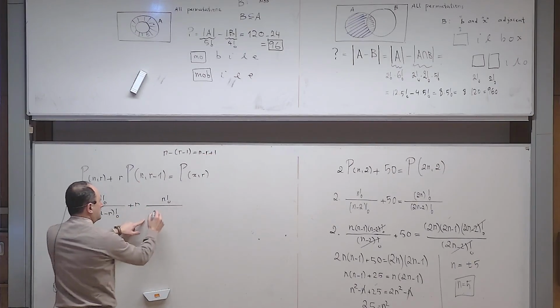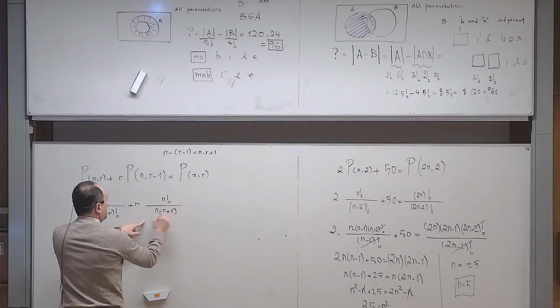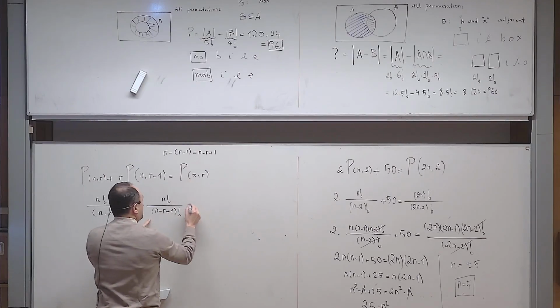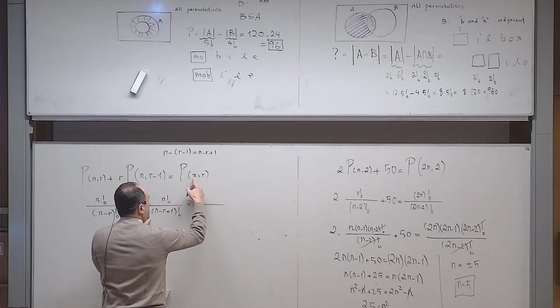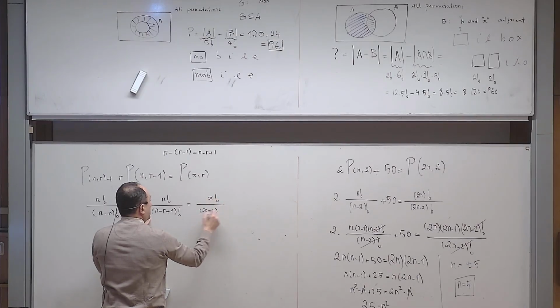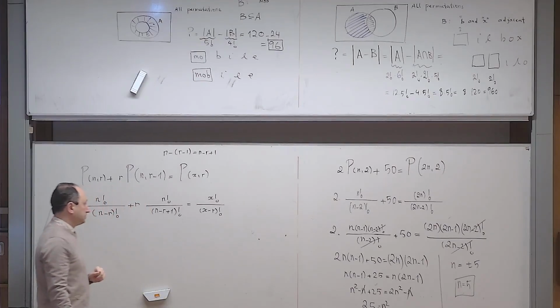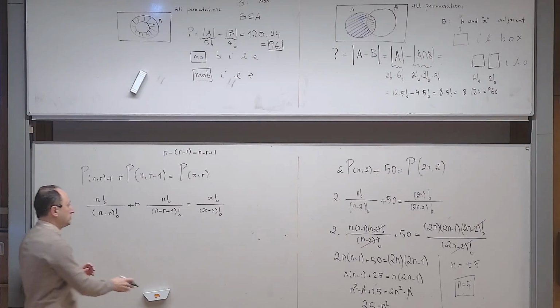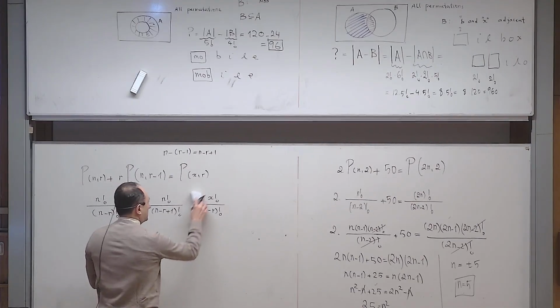So that one goes to the denominator, yes? Factorial of that one will go to the denominator. And this one, what is it? This one, x plays the role of n. The difference between them, x minus r factorial.